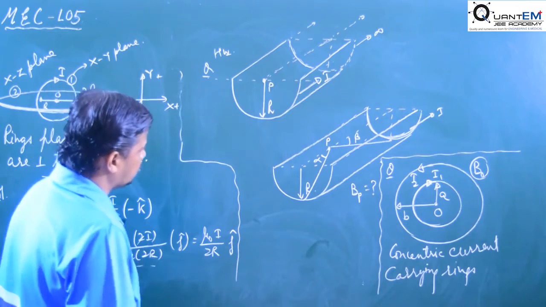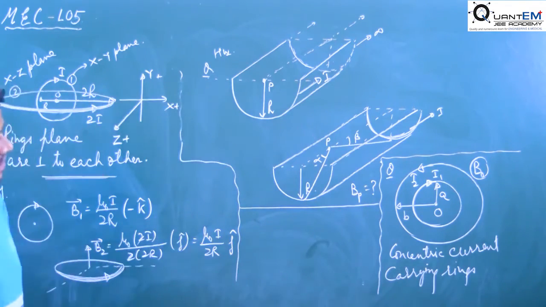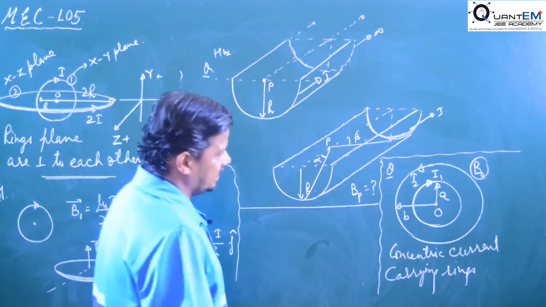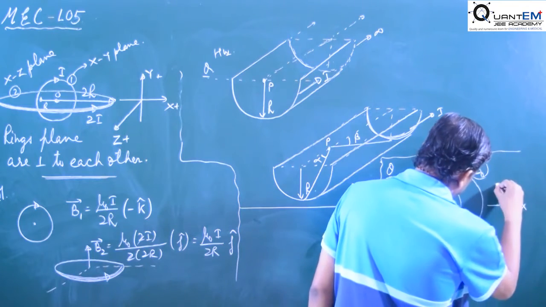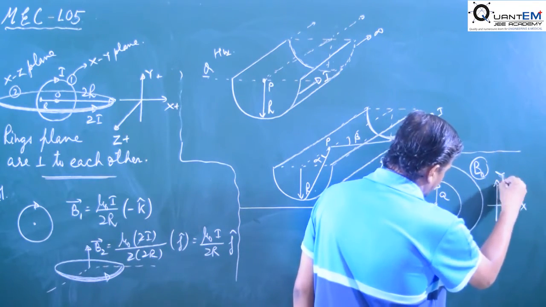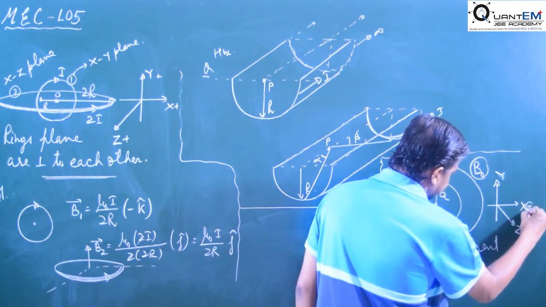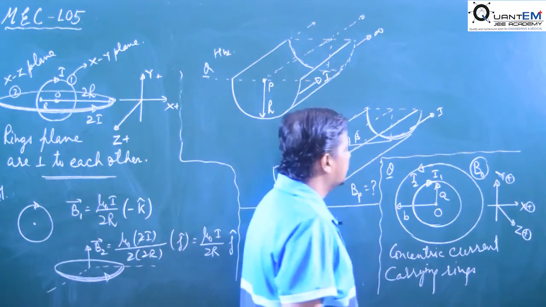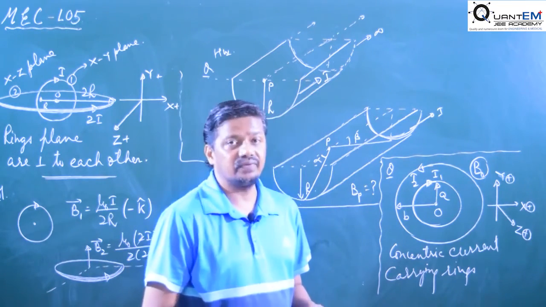Okay, now see, we come to the solution. These are coplanar. Suppose this coordinate is x and this coordinate is y. Outside the plane of paper we have, suppose, z coordinate. It is z positive, it is x positive, and it is y positive. So you have to use vector law of addition to get net magnetic field intensity.